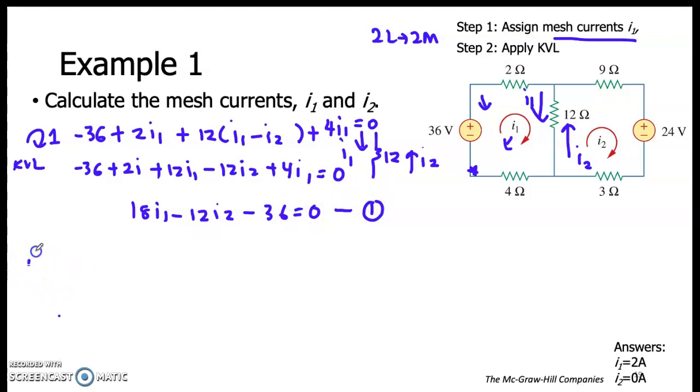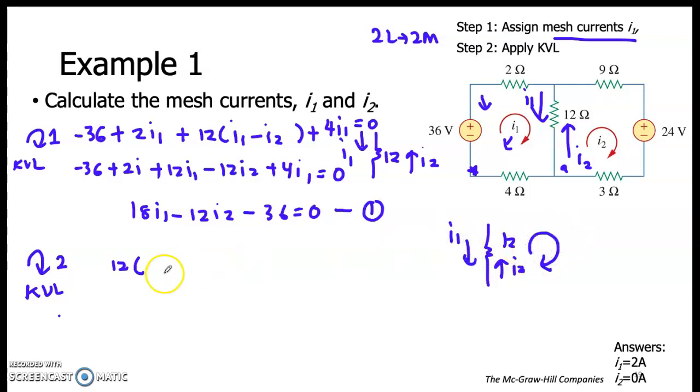Okay, now move further to loop number 2. Again, you use KVL. Starting from here, again, you have 12 there. But now, for the 12 here at loop number 2, the current pointing up is I2, right? Current pointing down is I1. Since you are currently doing this loop here, it needs to be I2 minus I1, because you are currently in loop number 2. So plus 9I2 plus 24, and then the last one is plus 3I2 equal to 0.